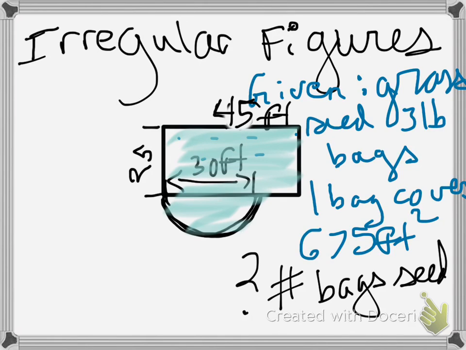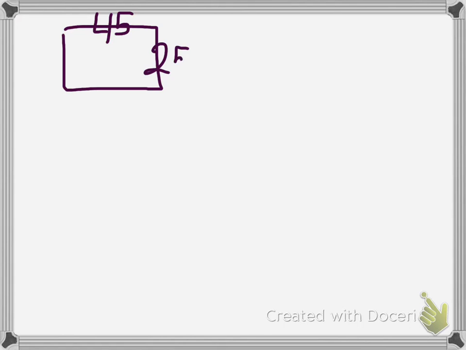Well, there isn't an area formula that would quite cover what we're shown here. But I can take this given information and say I have a rectangle and a half circle, so I'm going to separate those figures. For the rectangle, I have 45 feet by 25 feet, and the area of a rectangle is base times height.